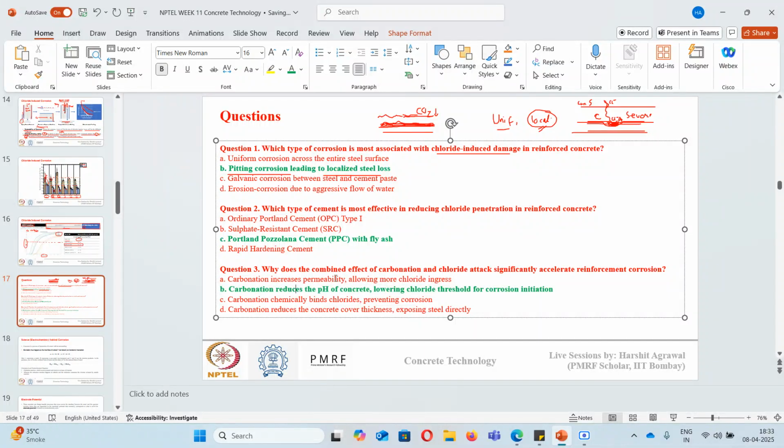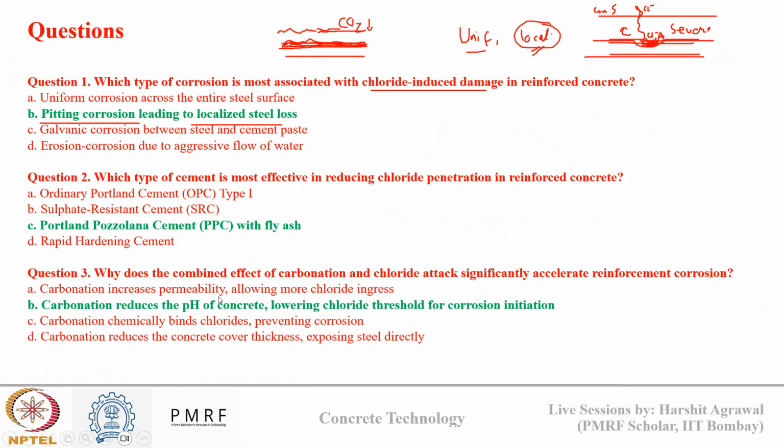Carbonation reduces the pH of concrete, and I have discussed a few slides ago that the pH of concrete can directly affect the critical chloride threshold. If the pH of concrete is low, the passive layer will be thinner, so less chloride is required to depassivate the steel reinforcement.